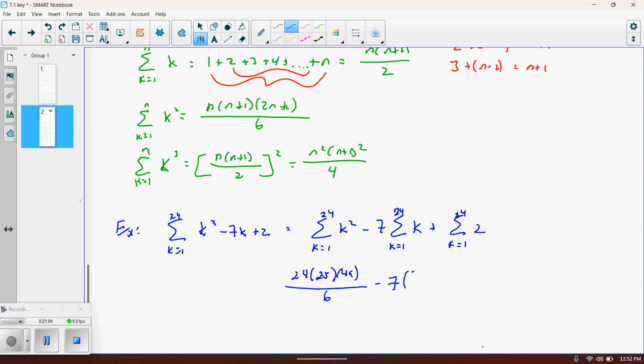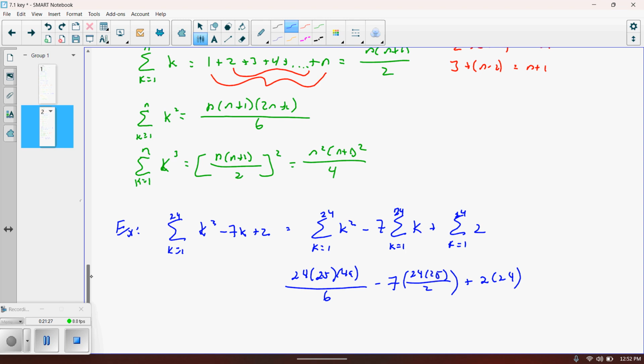So that's going to be 24 times 25 divided by 2. And then the last one is probably the easiest one. It's just a constant, which is going to be a constant times n. So it's 2 times 24. And that's going to be the way you would find your sum.